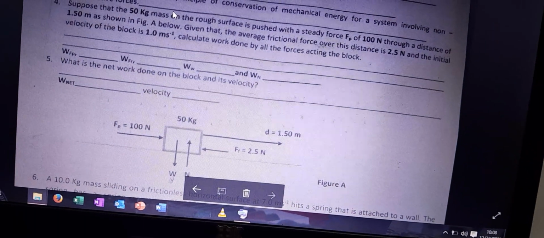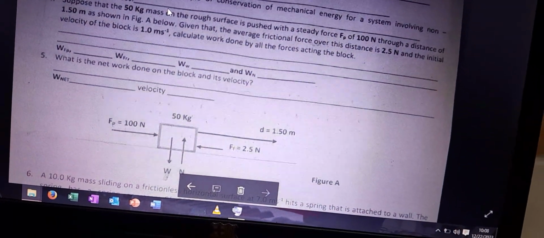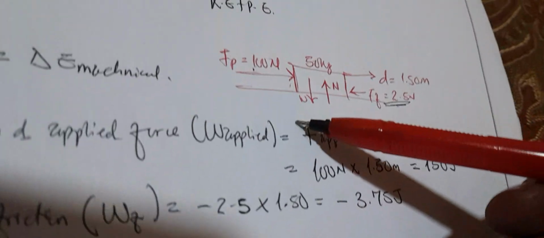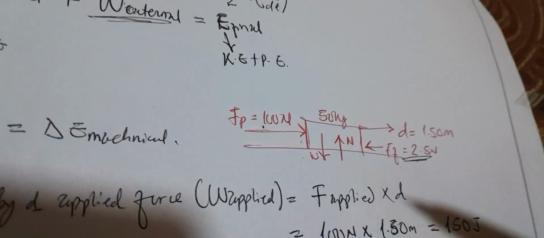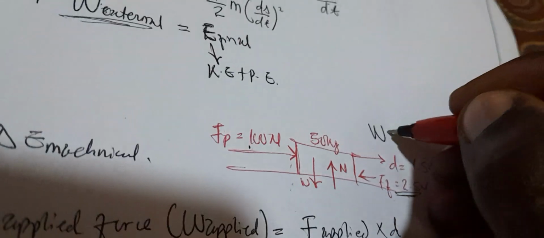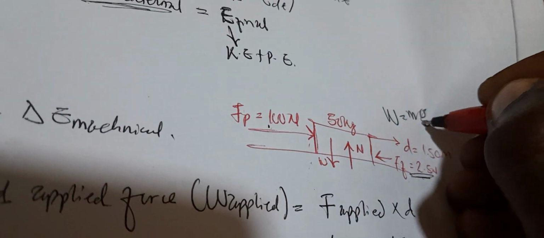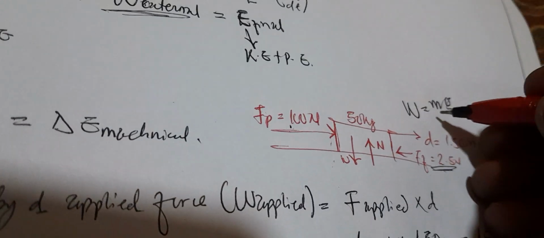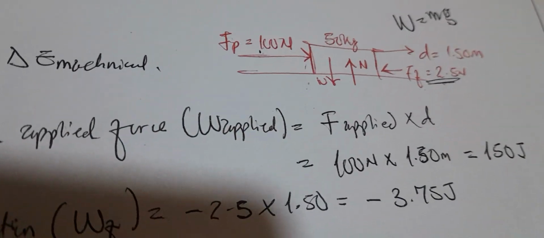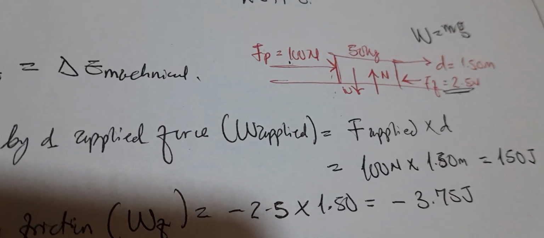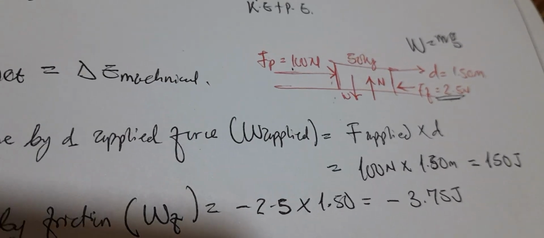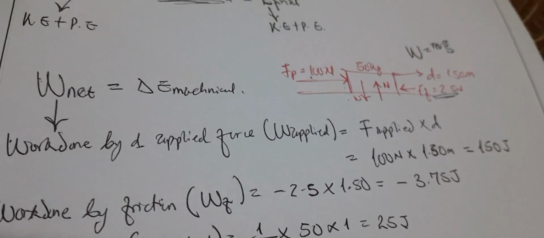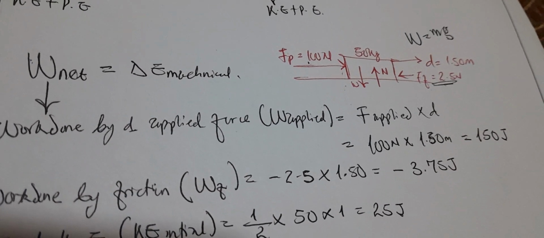Okay, so W, that's the weight, and the normal force. The weight W equals mg, and we're told that g is 9.8, so it will be 50 times 9.8. Normally the normal force is in the opposite direction to the weight, so it will have the negative sign.